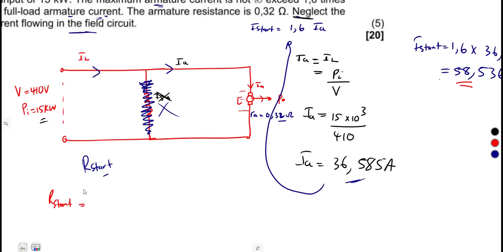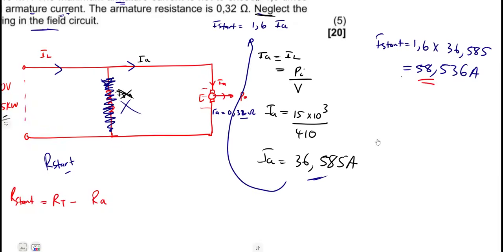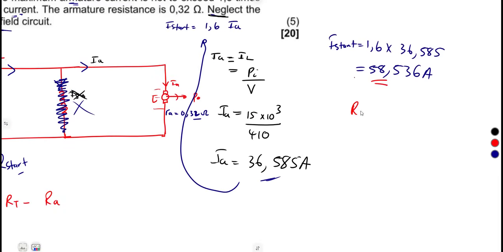So it's going to be the total resistance RT minus the resistance of the armature circuit. RT is the one from the starting current at the given voltage. That's the voltage that is affecting us now. So let's find RT from there. That's how you start. That's how you play around when it is adjusted like this.